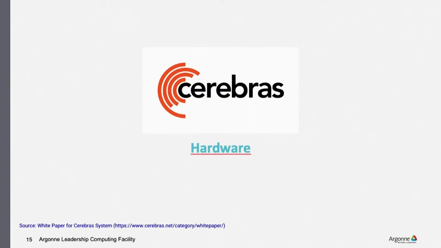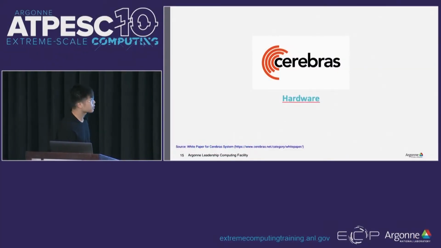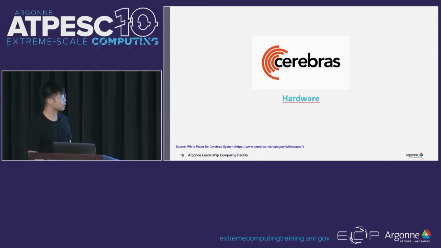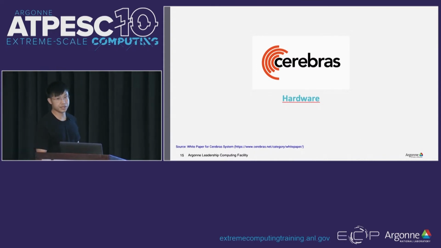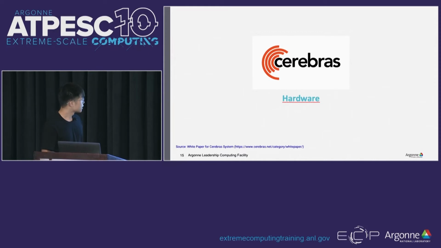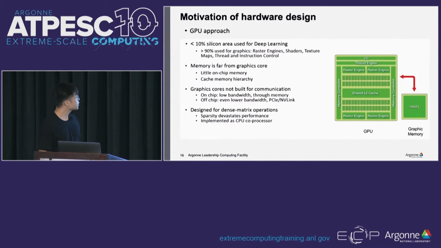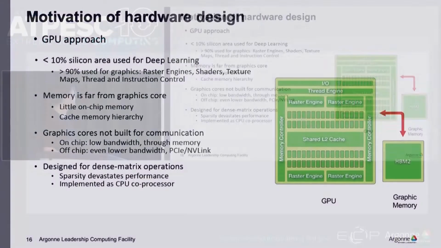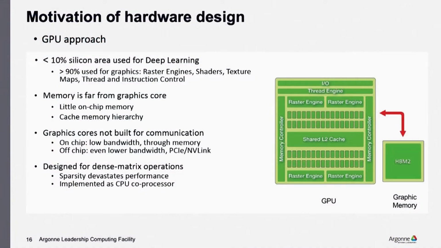And for the Cerebras, I will introduce the hardware design. This is the second hardware we used in our system. The motivation of this hardware is that in the current GPU approach, a lot of area is not used for deep learning; it is used for graphics.